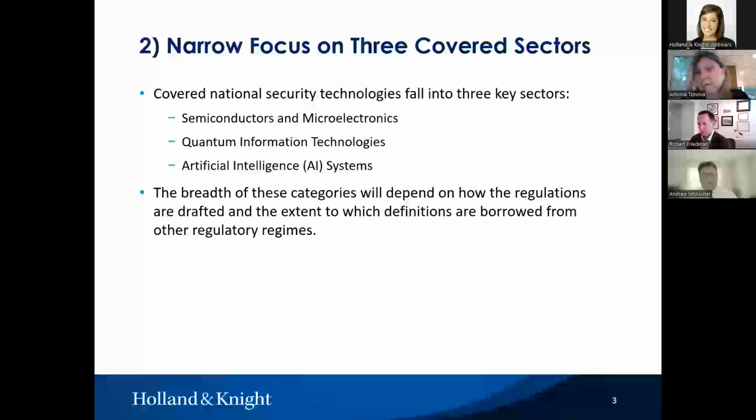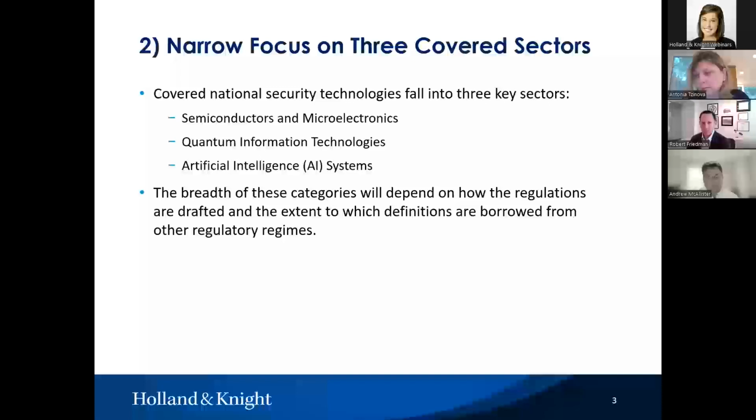And so I'll just quickly go through semiconductors and microelectronics as an example. Under that sector, at least in the Federal Register notice, the government is considering a prohibition on a subset of covered transactions related to semiconductors and microelectronics, and then also potential notification requirements.